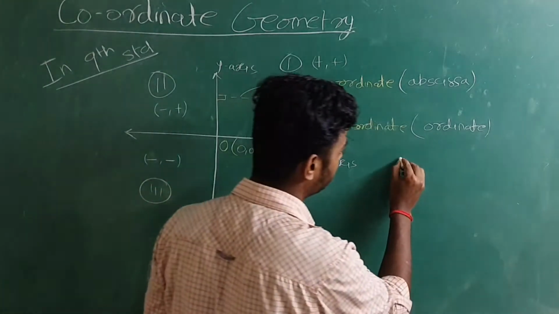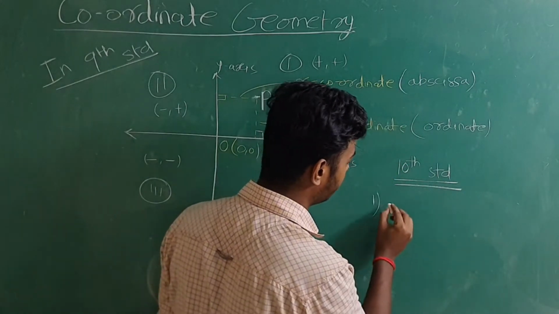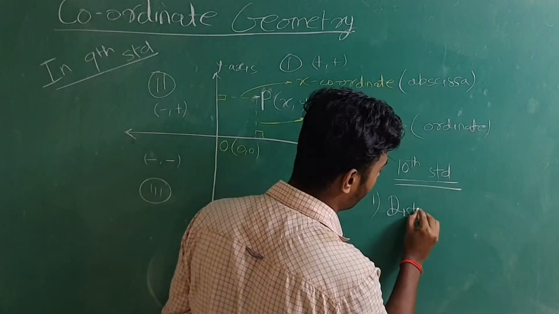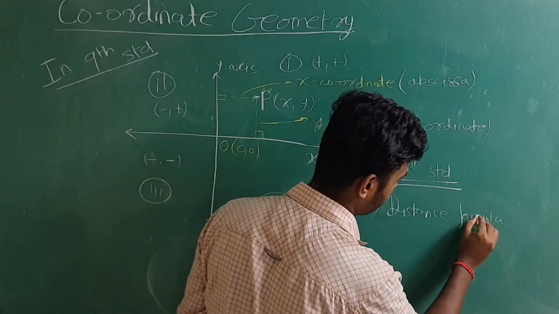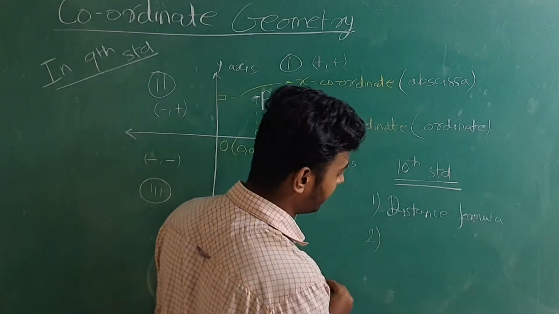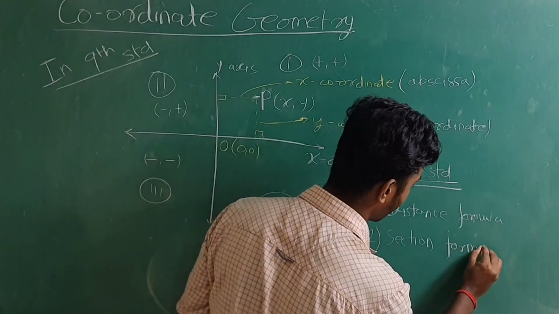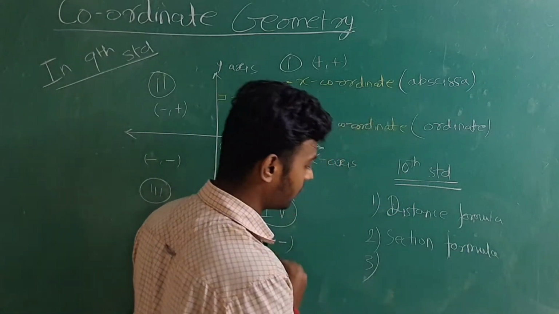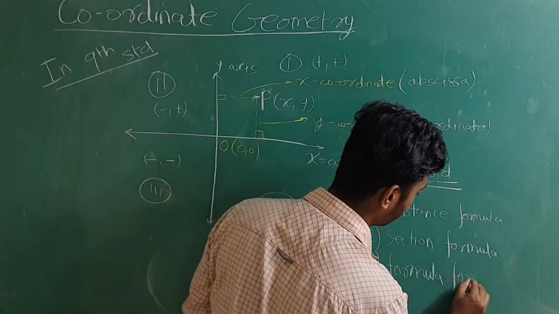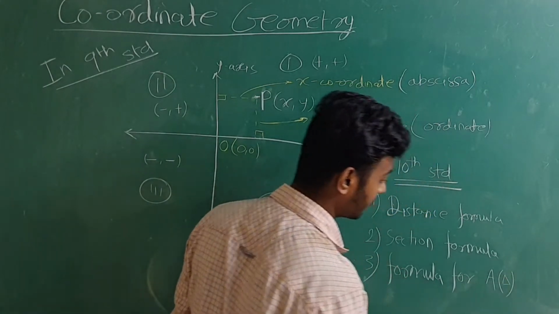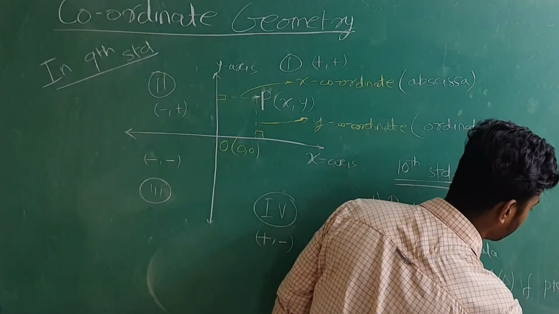In 10th standard, we have to study the distance formula, second the section formula, and third the formula for the area of a triangle if the points are given.